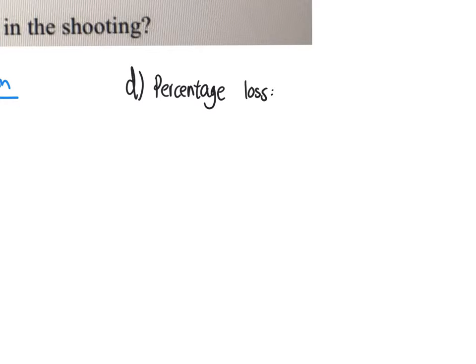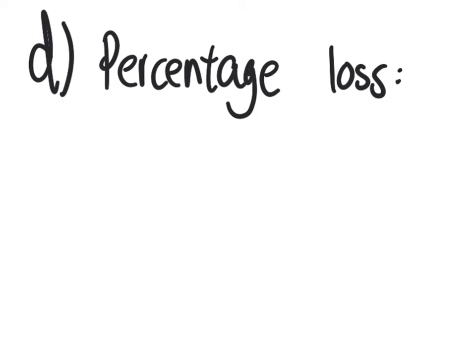It's a little more difficult for this question, actually. So let's look for your initial kinetic energy. I'll try to make this as easy as possible for you to understand.